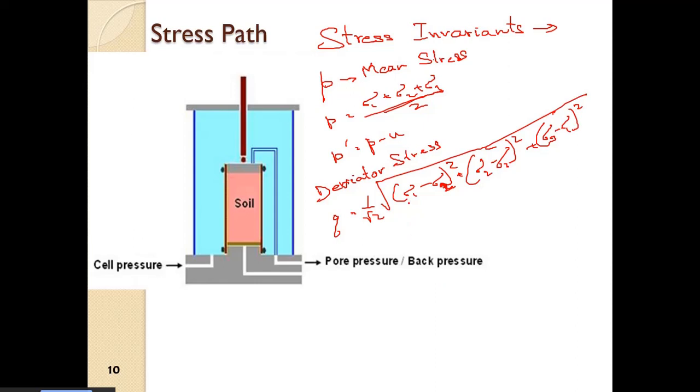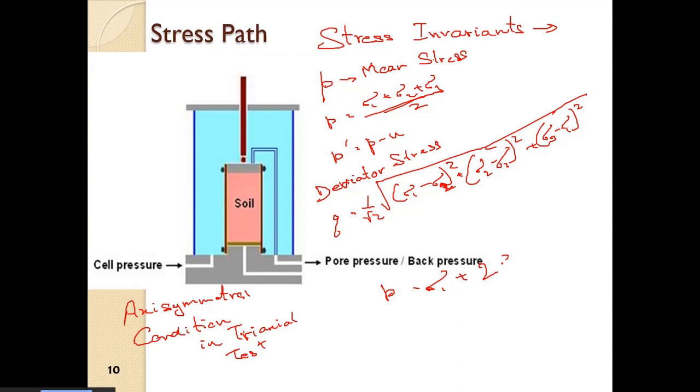And ultimately, for axisymmetric condition in the triaxial test, we have P equal to (sigma 1 plus twice of sigma 3) by 3, and Q equal to sigma 1 minus sigma 3.